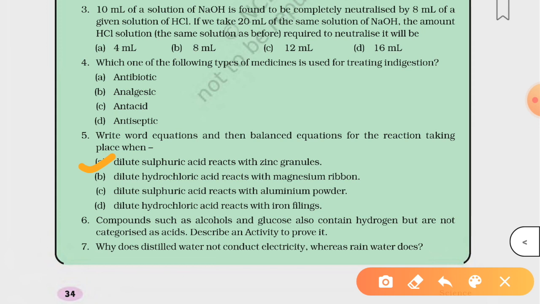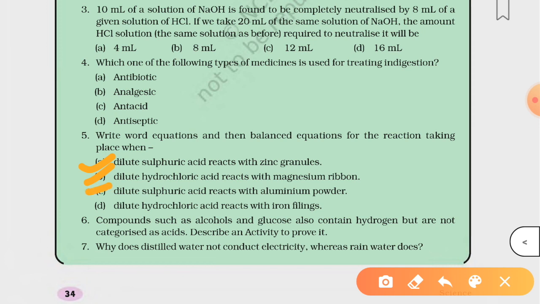So the reaction will be H2SO4 plus Zn gives ZnSO4 plus H2. Okay. Now next, dilute hydrochloric acid reacts with magnesium ribbon. Same thing, when an acid reacts with a metal, it forms salt and liberates hydrogen gas. So our reaction should be HCl plus Mg gives MgCl2 plus H2.